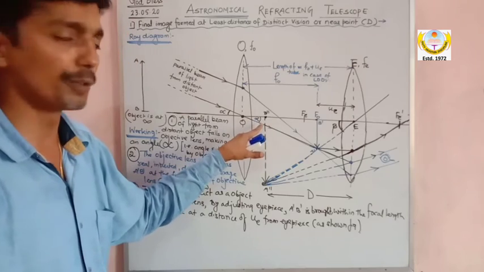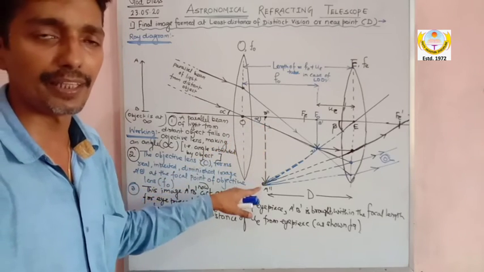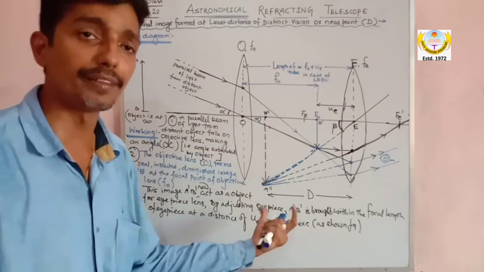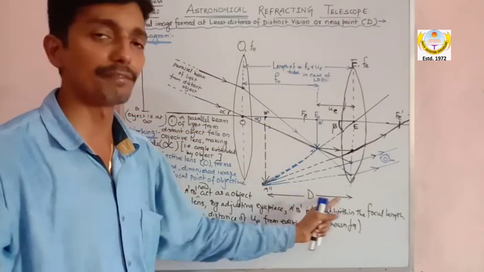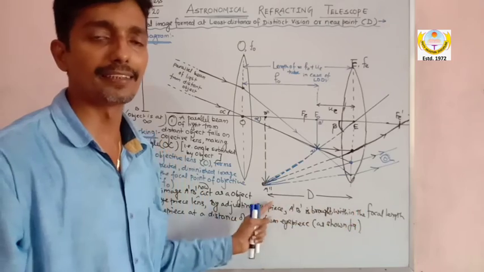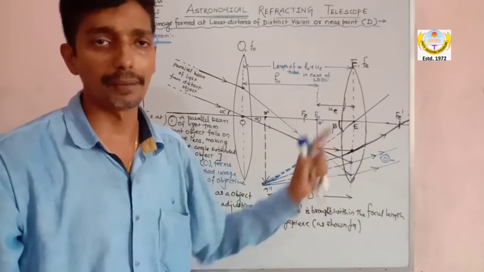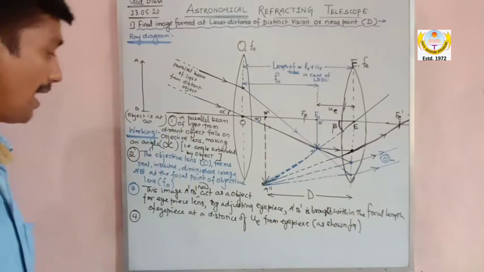And what is the name of that final image? A double dash B double dash. At what distance? Capital D from the eyepiece, at a distance of near point, or the least distance of distinct vision from the eyepiece. That's all, and that is the last working point.